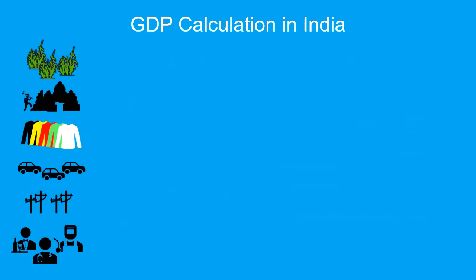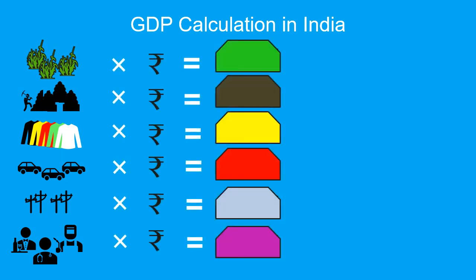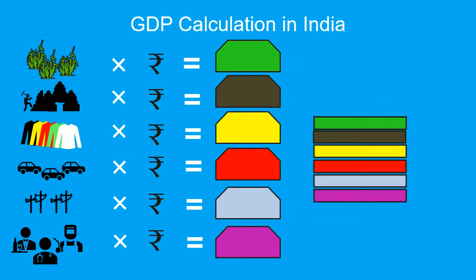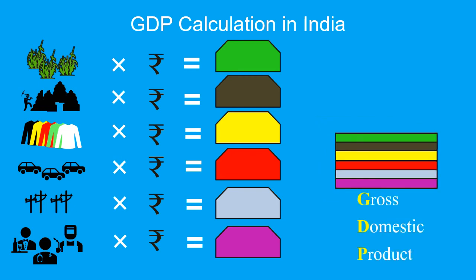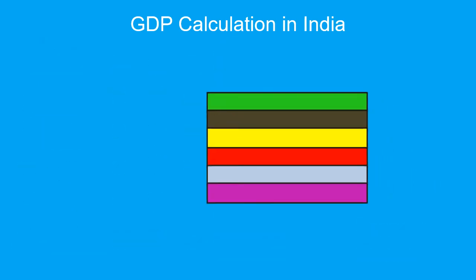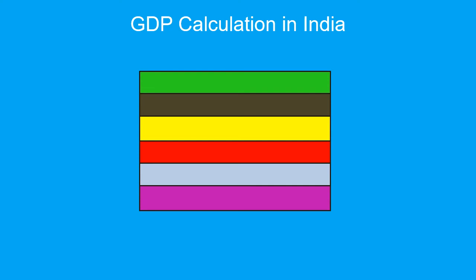In this way, after the quantity and prices of all goods and services are known, their product is the amount of the contribution of that sector to the GDP. The aggregate of all these sectoral values is the gross domestic product, or the GDP, for the year. However, in the amount derived in this way, two adjustments need to be made before releasing the final GDP figure.